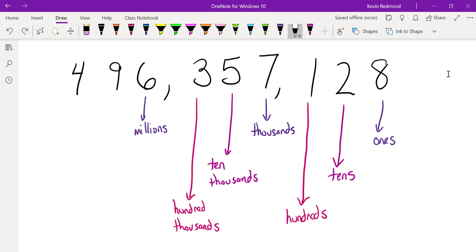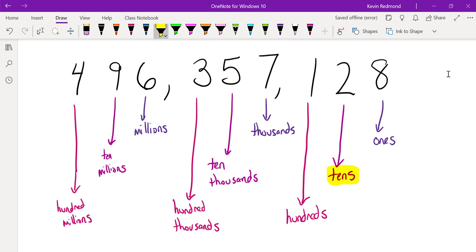And then next to that millions, we're going to see 10 millions, so that 10 is getting reused again. And then next to that, 100 millions. So next to any starting place value, whether that be ones or thousands or millions, always to the left of that are these tens that pop up over and over and over. And then same kind of idea, we're going to see hundreds to the left of any tens.